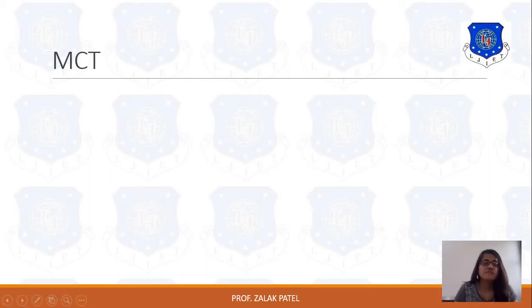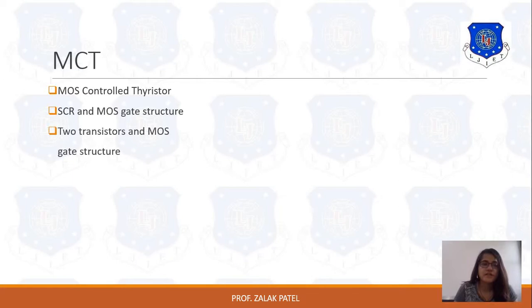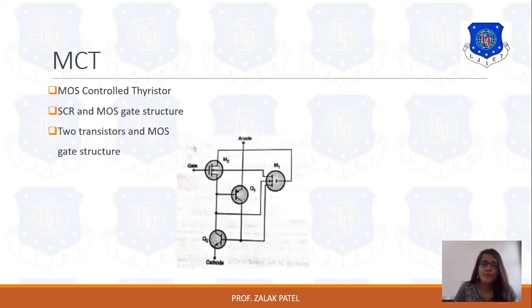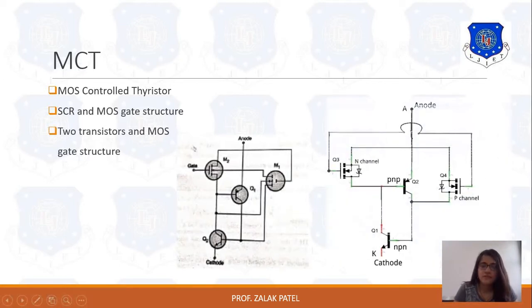First of all, as we discussed in the last lecture, the basics of MCT: its full form is MOS control thyristor. It has the SCR and MOS gate structure, two transistors with gate structure like this. Here M2 and M1 can also be seen like this.